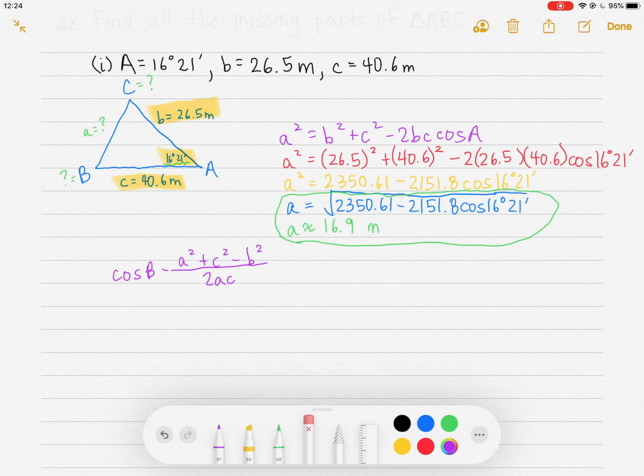And whether we were to use the law of cosines or the law of sines, once you have little a to be approximately 16.9 meters, then you have an angle and the side opposite that angle.